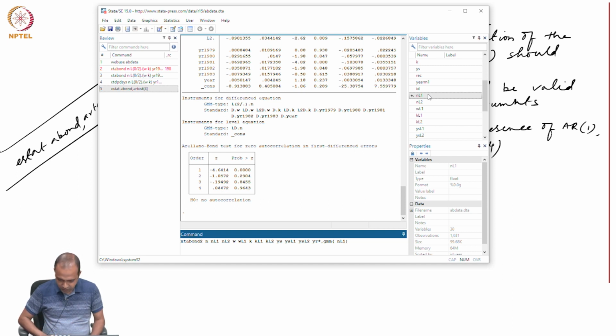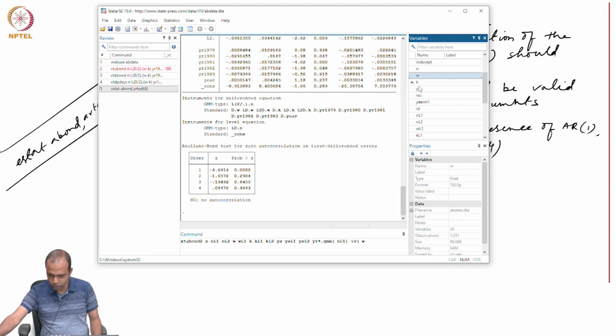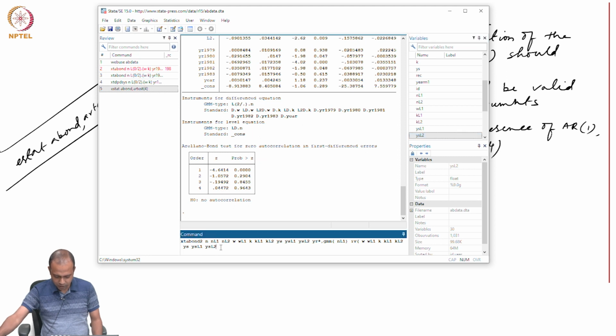after that I will be specifying IV style, that means IV within the bracket, W, all the variables W, then WL1, then I have capital, then KL1 and KL2, and then I have YS, then YS of lag 1, YS of lag 2, and then I have year dummies.